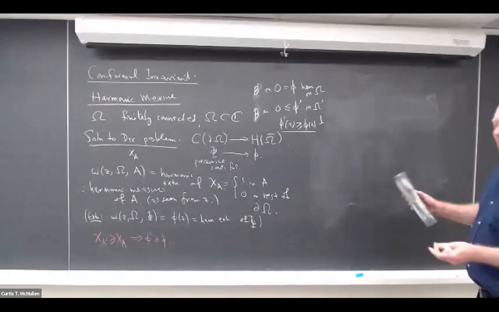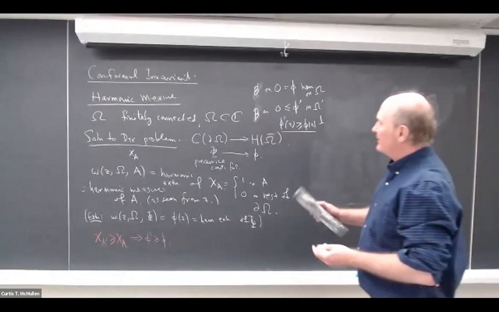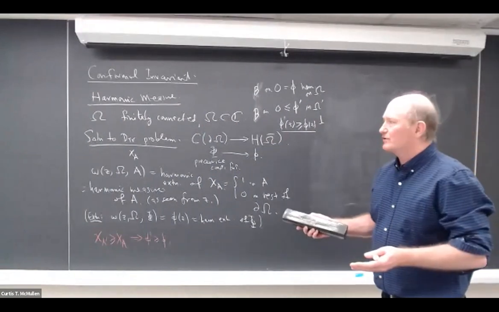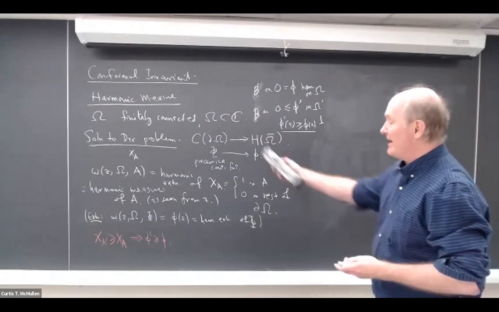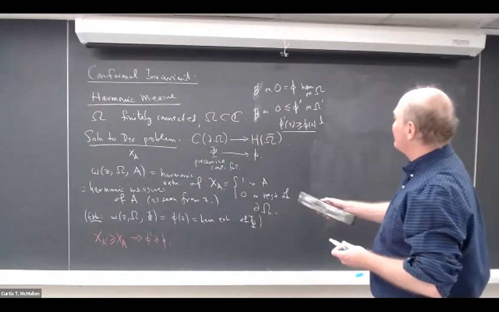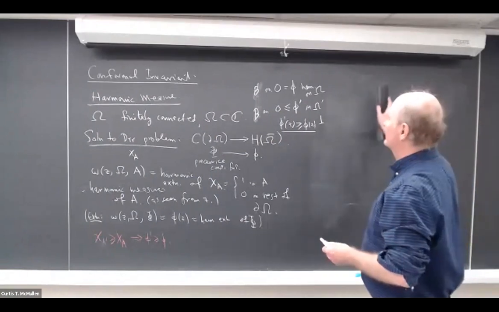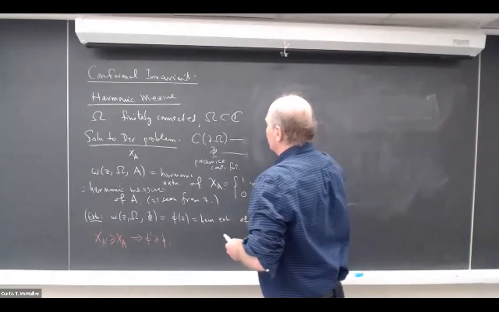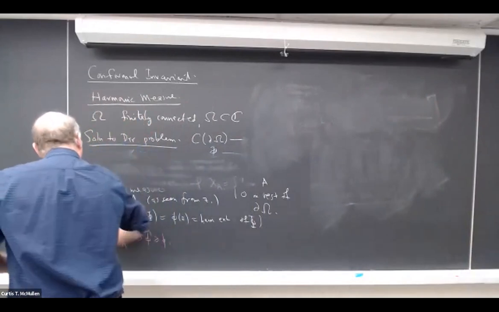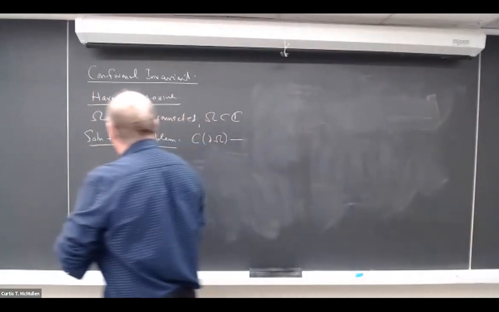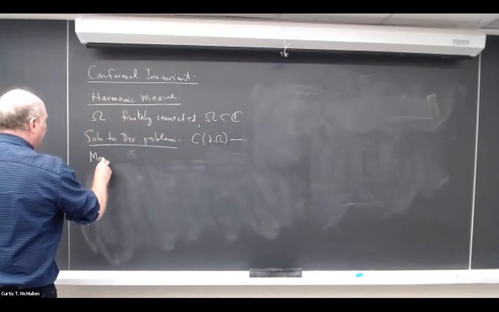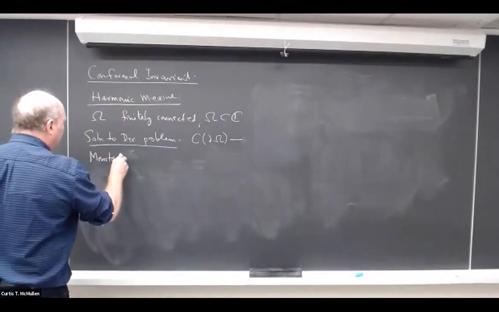Okay, now what is the point of harmonic measure? The first point is that you can use it to control the values of harmonic functions. You can use it to bound them from above. Everything is set up for upper bounds. Of course, it also yields lower bounds. So we have this monotonicity principle.